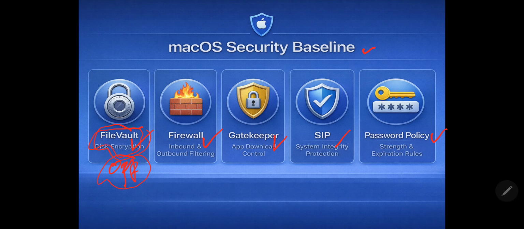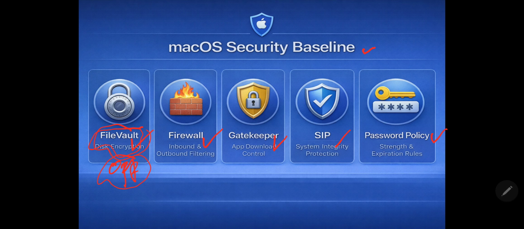Next, go to firewall, which does inbound and outbound filtering. What is the purpose of this firewall? It controls network traffic entering and leaving the Mac, and prevents unauthorized network access.